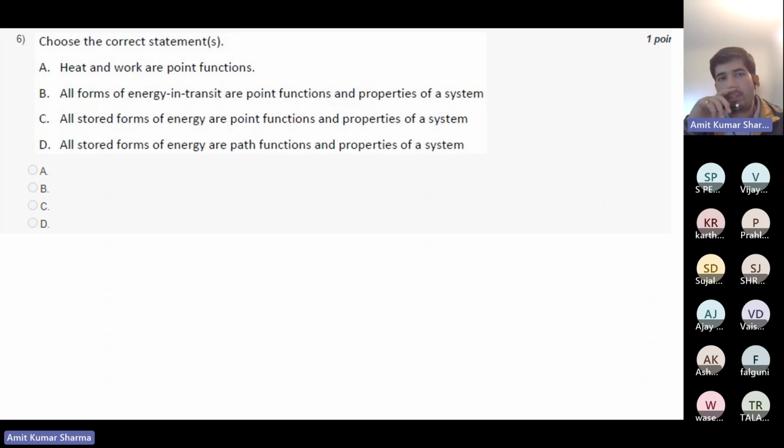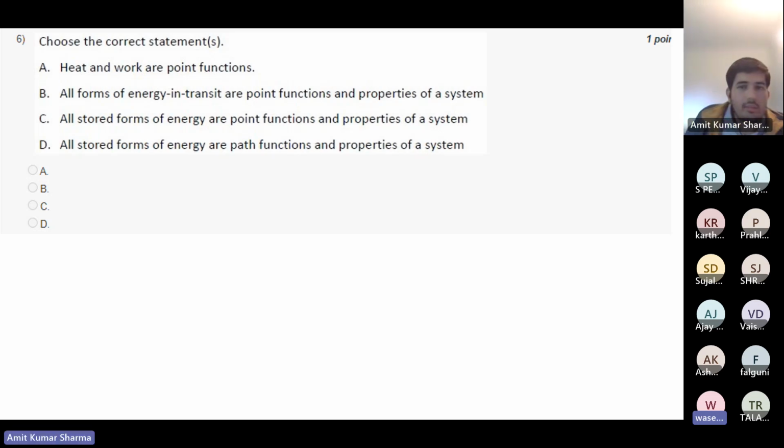Now come to the point function. What is the difference between point function and path function? If you are saying option C is correct, then you are saying option A is wrong. So it means that heat and work are not point function. If heat and work are not point function, which function are they? Are they path function? Yes, sir.